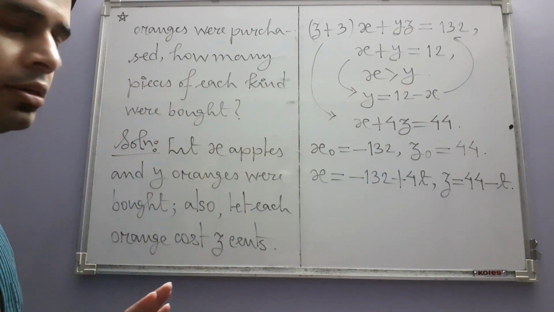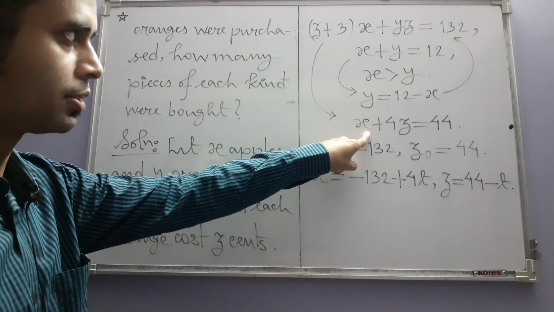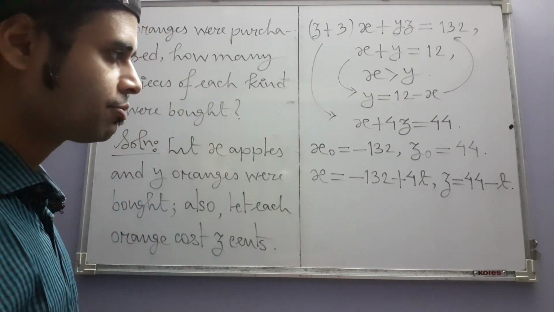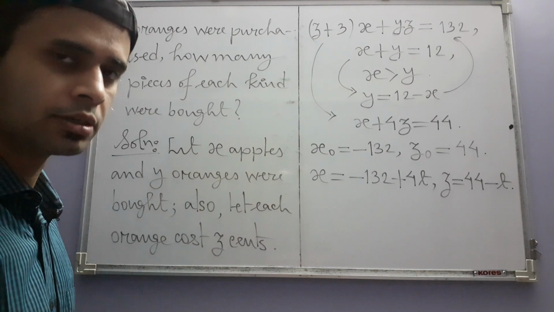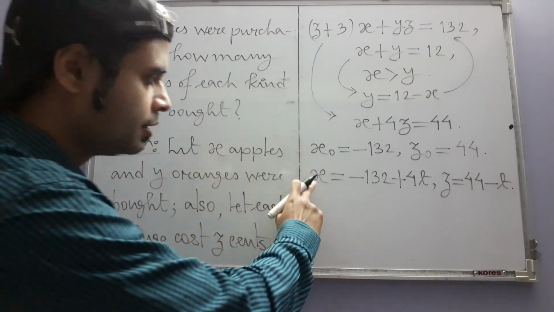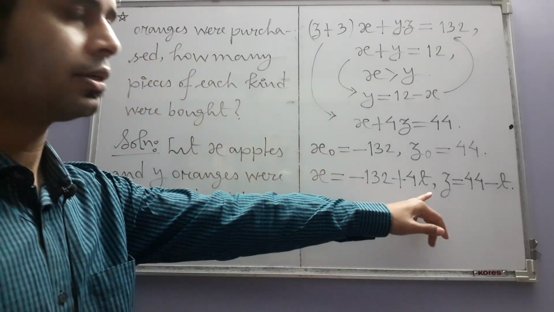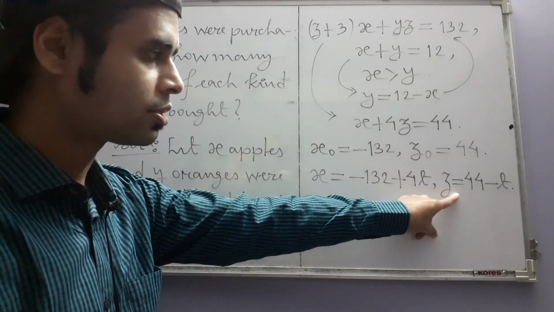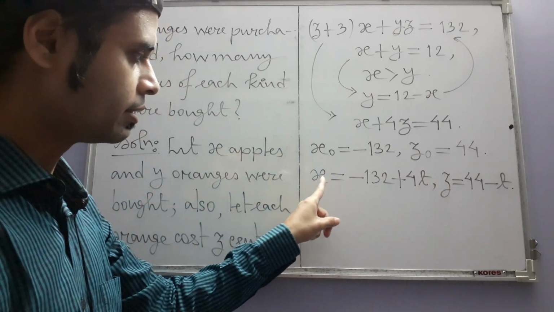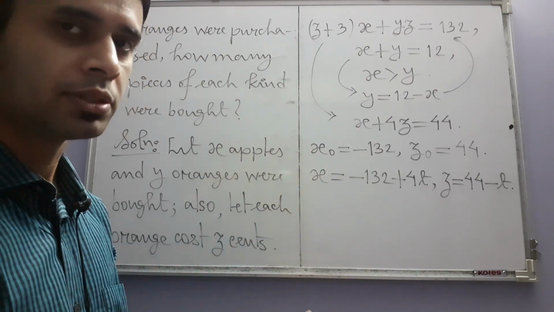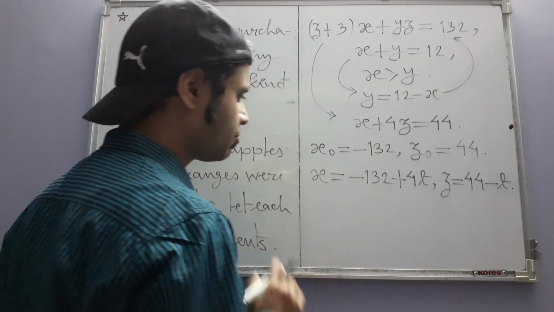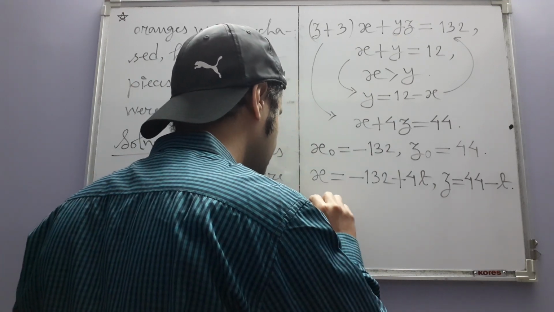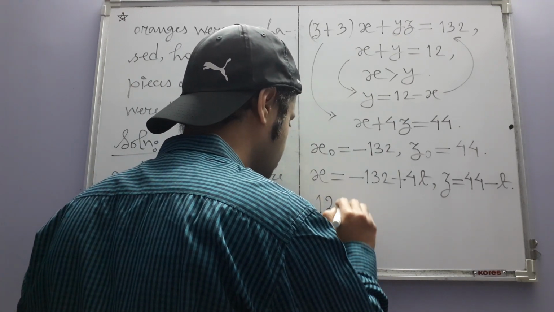Okay, so this is the general solution to this equation. Now from this we need to find our solution which we want, where these are not just arbitrary integers but they represent something. This represents the cost of an orange, and this represents the number of apples purchased. So for that, what the author does is that the author considers this inequality.